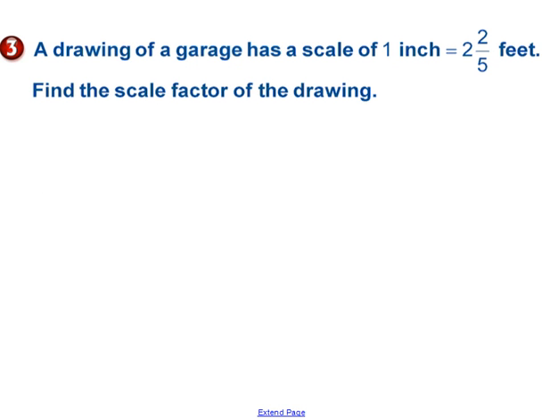A drawing of a garage has a scale of 1 inch to 2.4 feet. Find the scale factor. All right, it is 1 inch to, I'm going to say 2/5 feet. Change my 2/5 to a decimal, 2.4. And again, I need to get rid of the difference in units here.